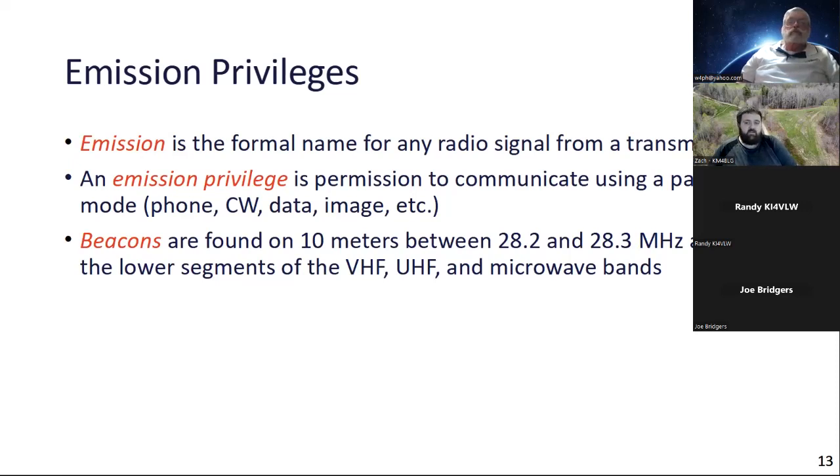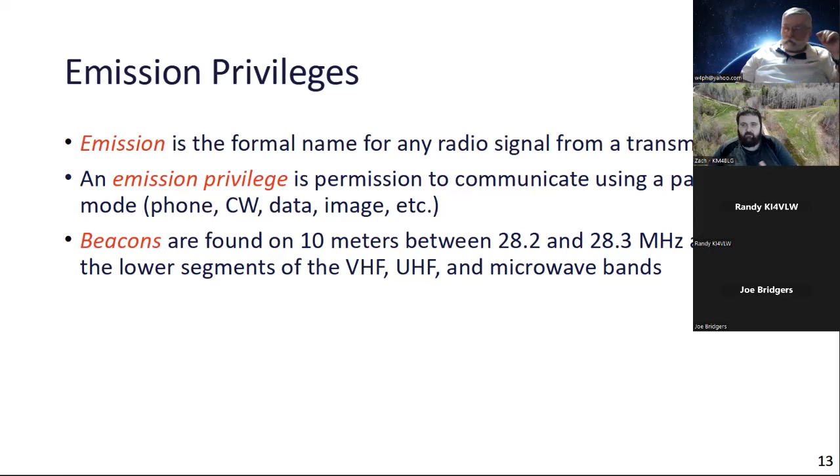And then beacon stations, which I think another section covers a little bit more, are typically found on 10 meters between 28.2 and 28.3 megahertz, and the lower segments of the VHF, UHF, and microwave bands. Basically, a beacon is a station that sits there and transmits at a regular interval.